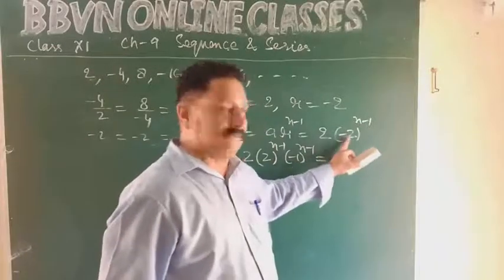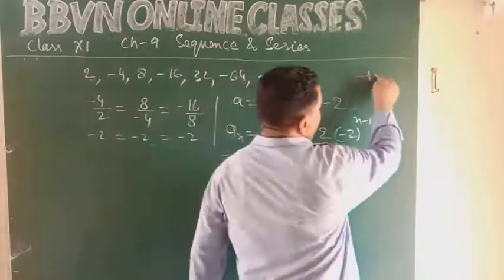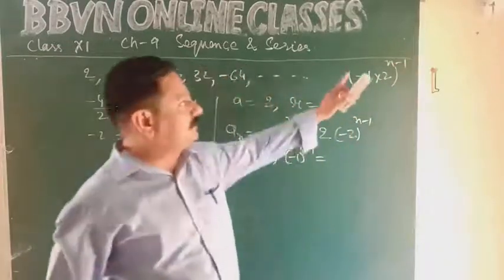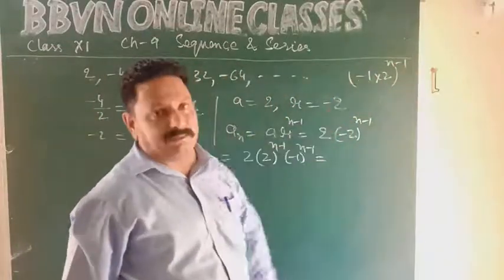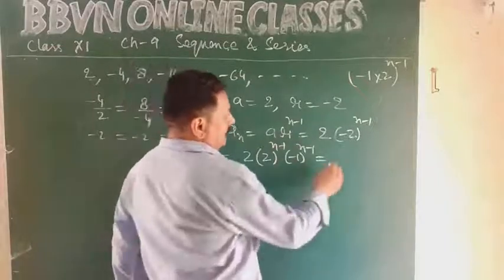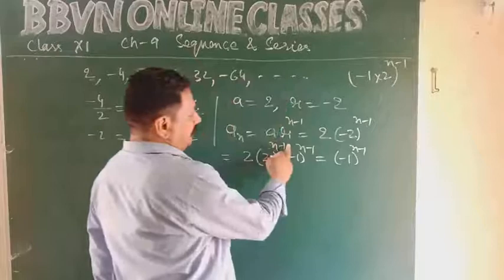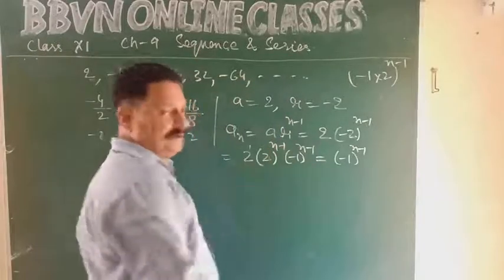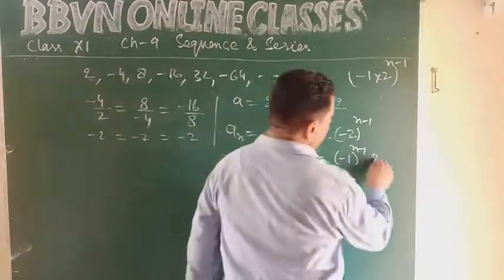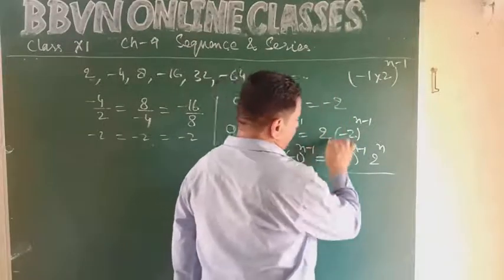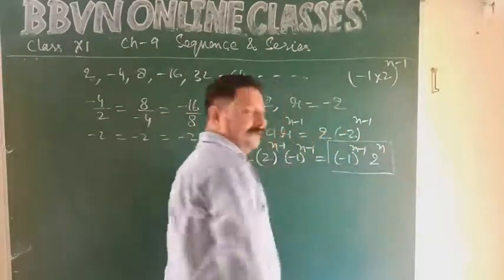Minus 2 means minus 1 into 2, whole to the power n minus 1. So minus 1 to the power n minus 1 and 2 to the power n minus 1. So minus 1 to the power n minus 1 first, 2 power n minus 1 multiplied by 2. 2 means 2 power 1. So this becomes 2 power n. So for this particular geometric progression GP, this is the general term.